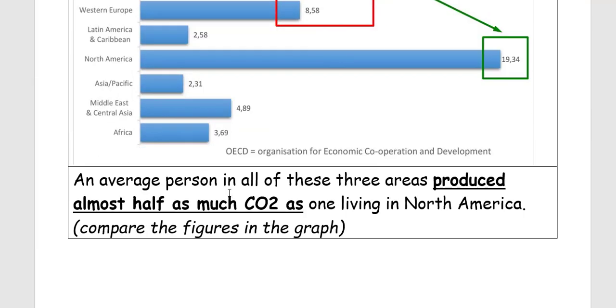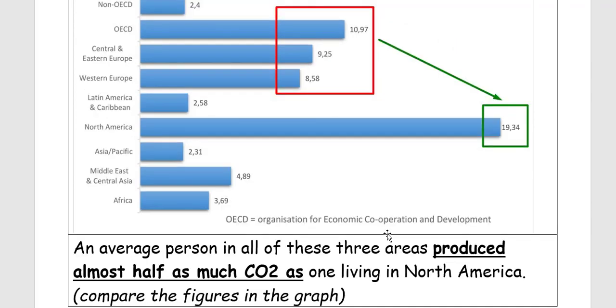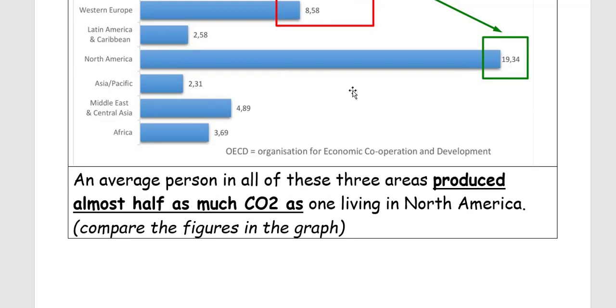an average person in all of these three areas produced almost half as much CO2 as one living in North America. Okay, so here, right, I'm comparing the highest figure with the second largest figure.